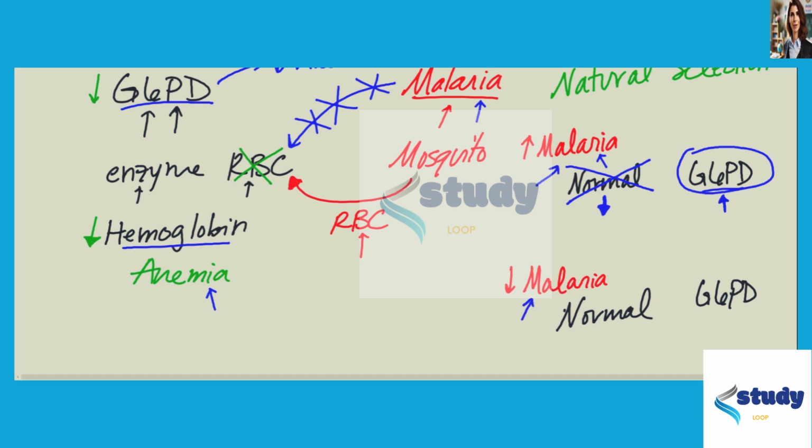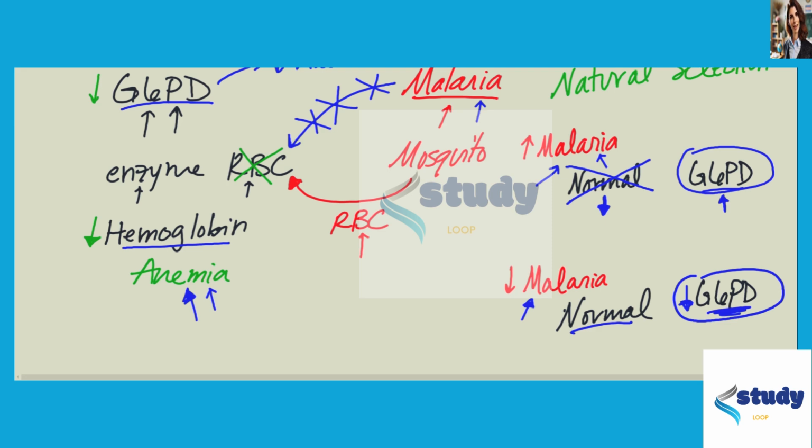Whereas for a community where malaria is low or rare, the normal individuals will thrive, whereas the people with G6PD deficiency will die out or have complications due to this acquisition of anemia from this disease. So you'll have a lower occurrence of this G6PD deficiency.